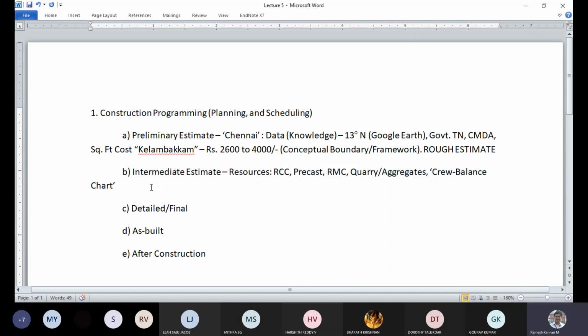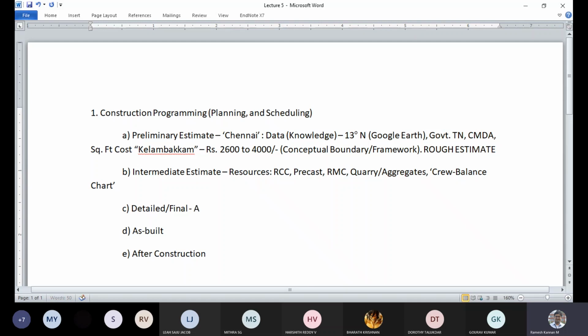Those are important, but you should not overlook or compromise this. Even though it's an intermediate estimate, it should be given a fairly good amount of analysis, something you need to really look into in much detail, right? Then the detailed estimate is the final estimate.